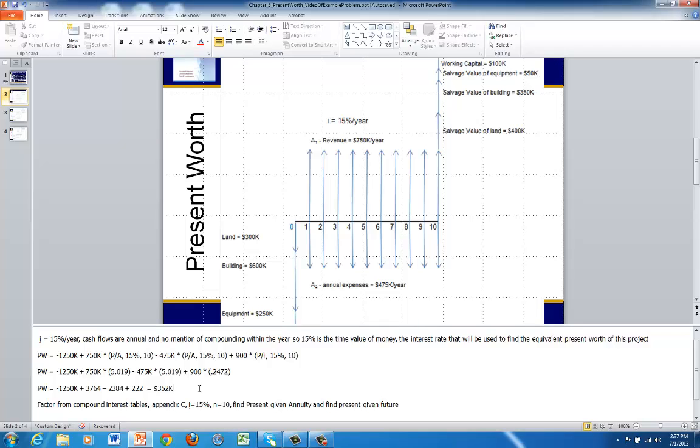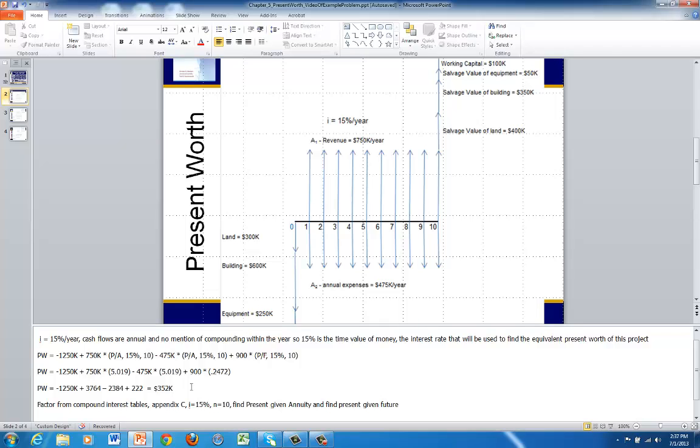So we started off describing that when present worth is equal to 0 or positive at the stated interest rate, at the minimum attractive rate of return, then we're going to move forward with the project. So in this case, we see we have a positive present worth of $352,000, meaning that all of these cash flows at 15% have an equivalent worth of $352,000 at time 0.